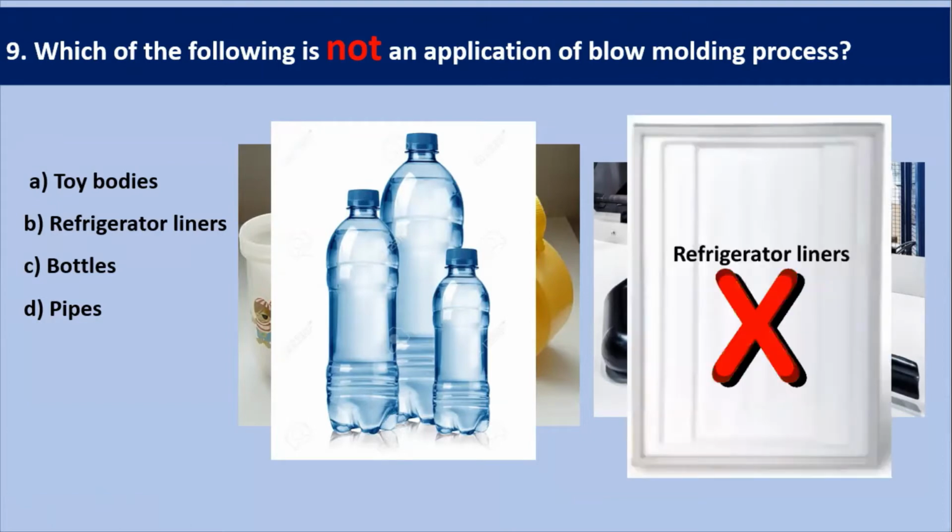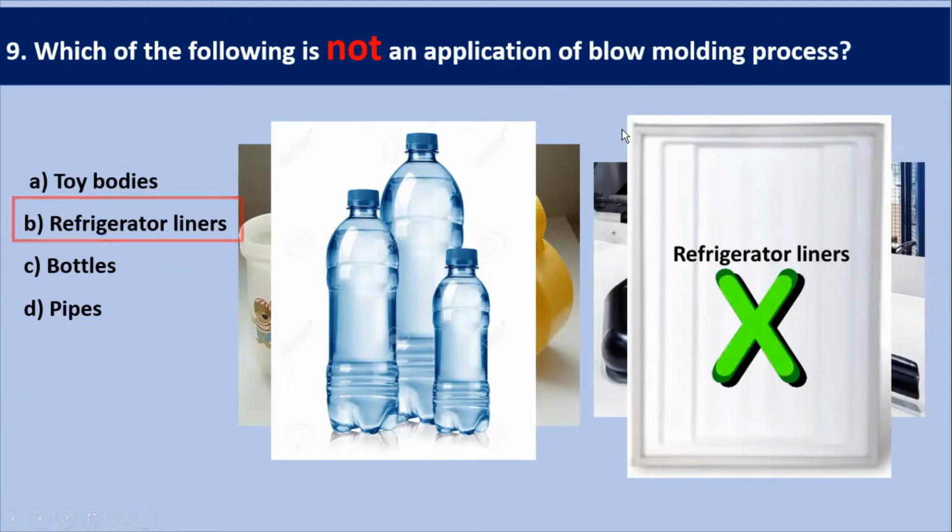Only the refrigerator liners, or I can say the door liners, is not an application of the blow molding process. Refrigerator liners are generally made by using a thermoforming process. So in this case our answer is the refrigerator liners, because refrigerator liners is not an application of blow molding process.